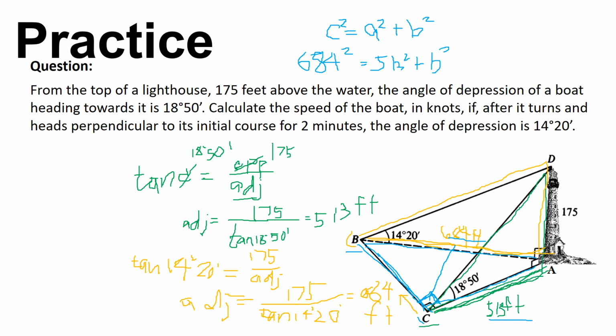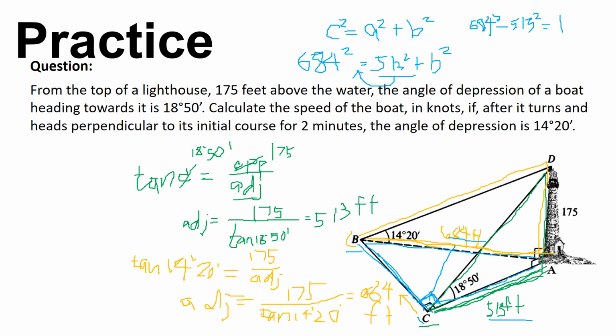To solve for B, we need to transpose 513 squared to the other side of the equality. So using the rules of equality, that would be 684 squared minus, take note that's minus, 513 feet squared.